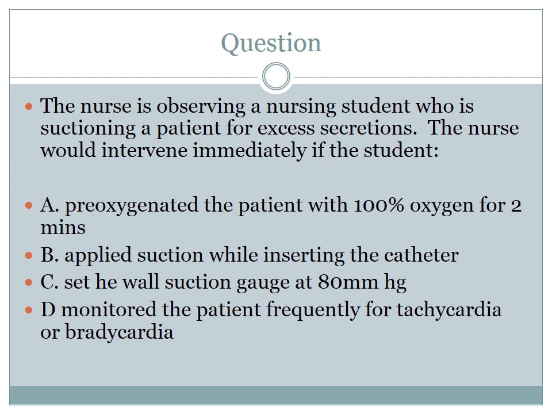Monitor the patient frequently for tachycardia and bradycardia. Remember, those are the cardiac dysrhythmias we were talking about earlier. We do not apply suction while inserting the catheter. We apply suction while removing the catheter intermittently, and we also twirl the catheter. So very good if you said B, apply suction when inserting the catheter.